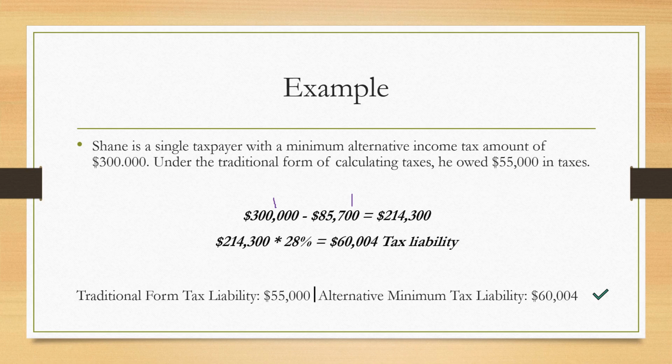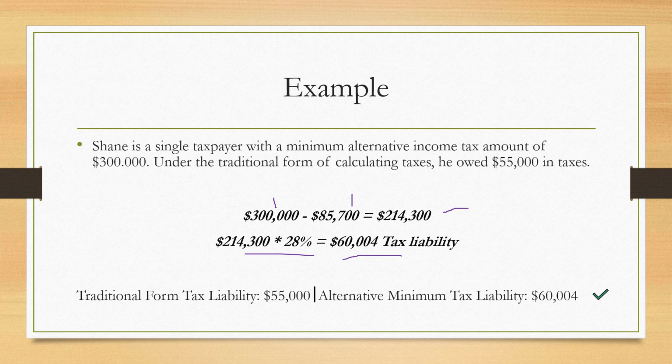The income amount is $214,300 after subtracting the AMT exception. We then multiply this amount by 28% and we get the tax liability of $60,004. Now we compare this figure with the calculated regular income tax. Shane's liability will be the higher figure of either amount.